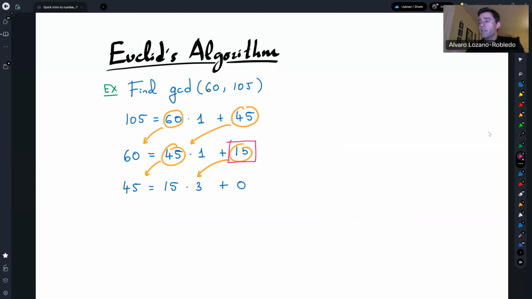Why is that so? Why is the GCD there? Well, the GCD is there because of a property we saw last time.